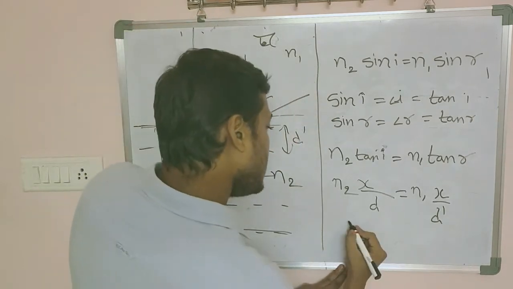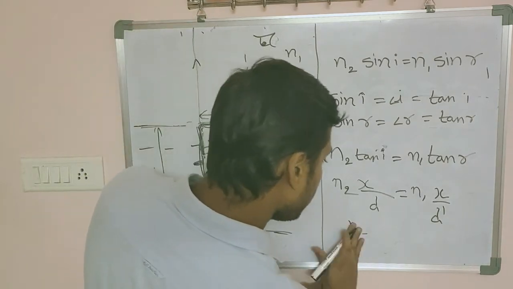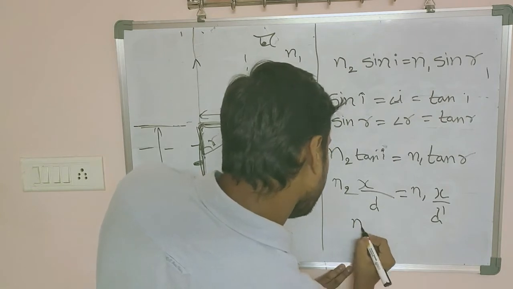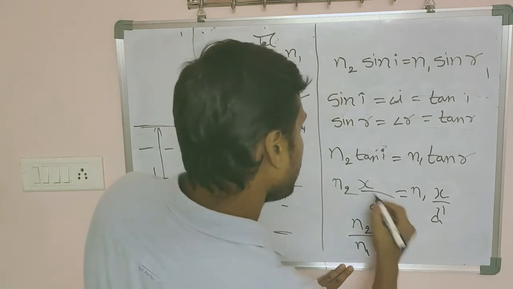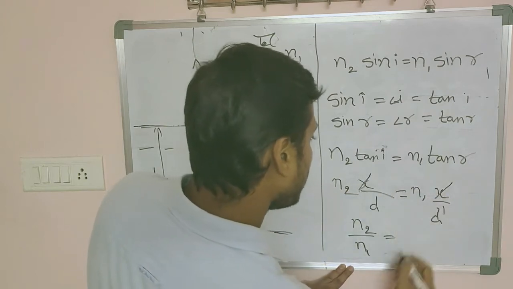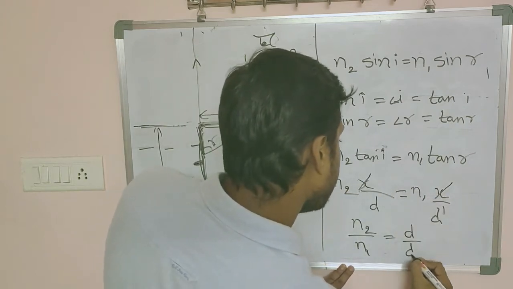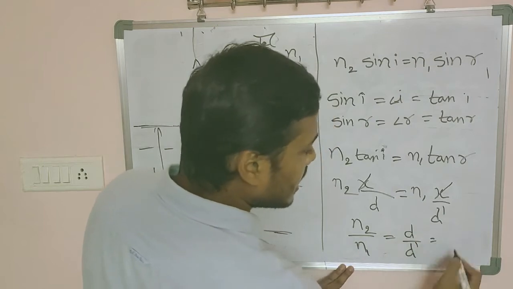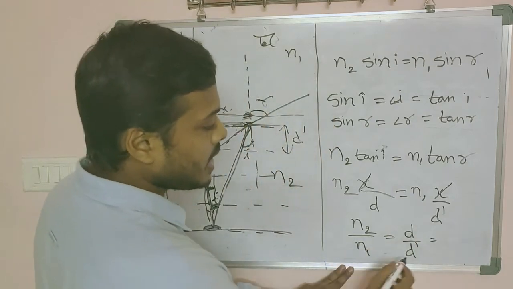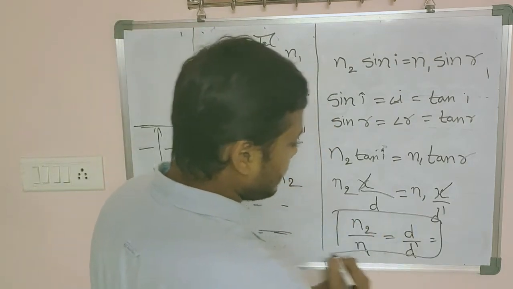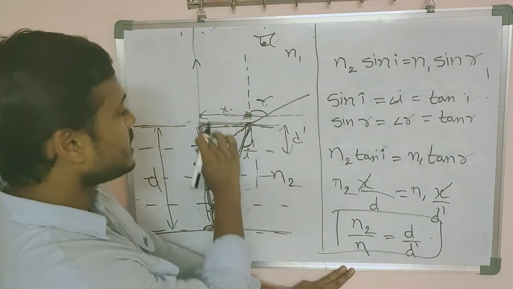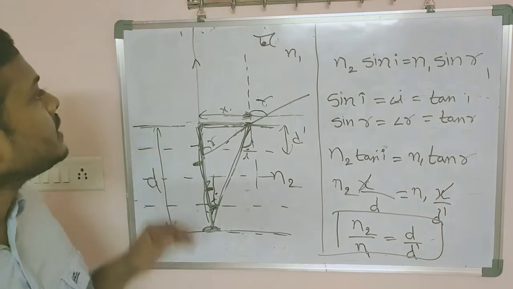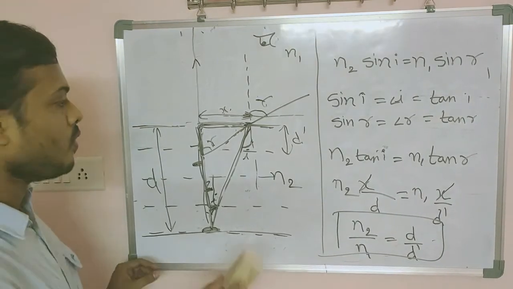Now N2 by N1 is equal to x cancels, d by d dash, where d is the real depth and d dash is the apparent depth. So this is how we have derived this formula.